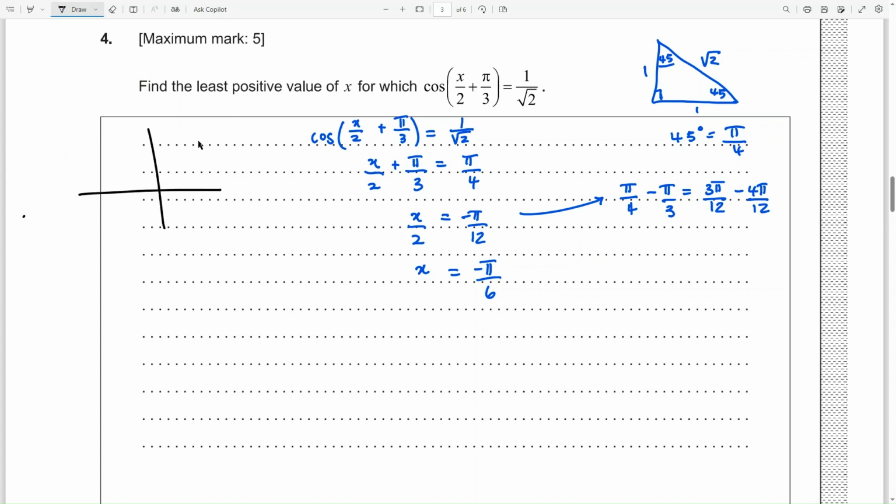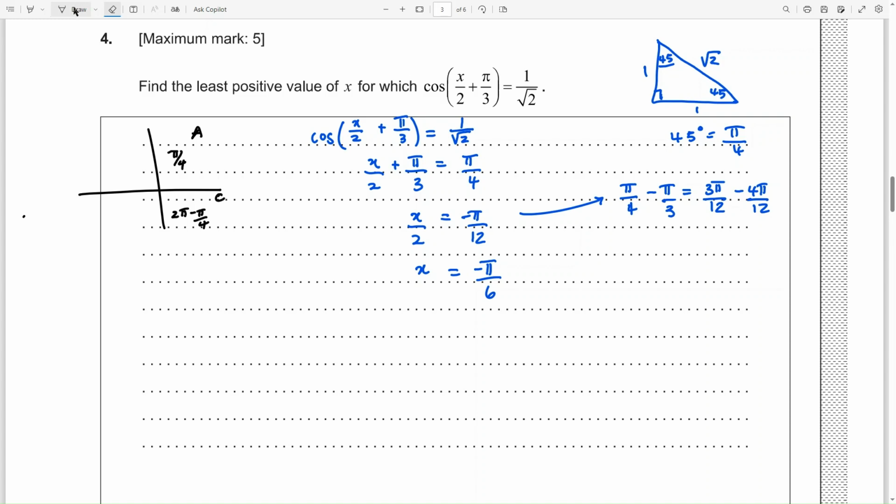So we were in the first quadrant, and that gave us pi over 4. We need to go to the last quadrant because cos is positive there. We're working with cos, right? So that would be 2 pi minus pi over 4. That's the only other value we could work with because this is positive.